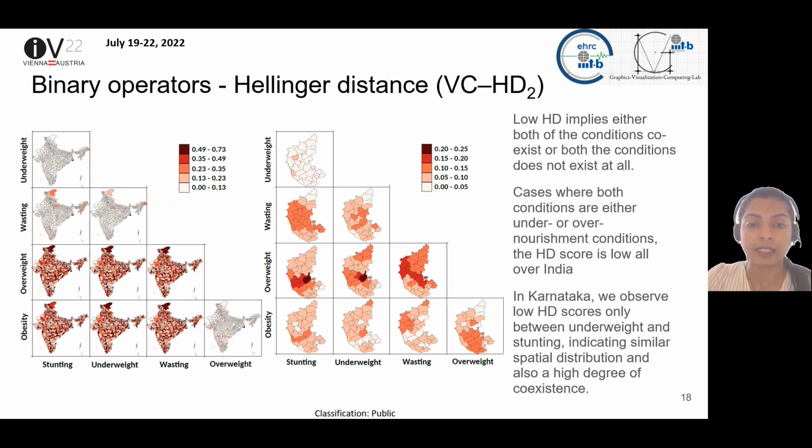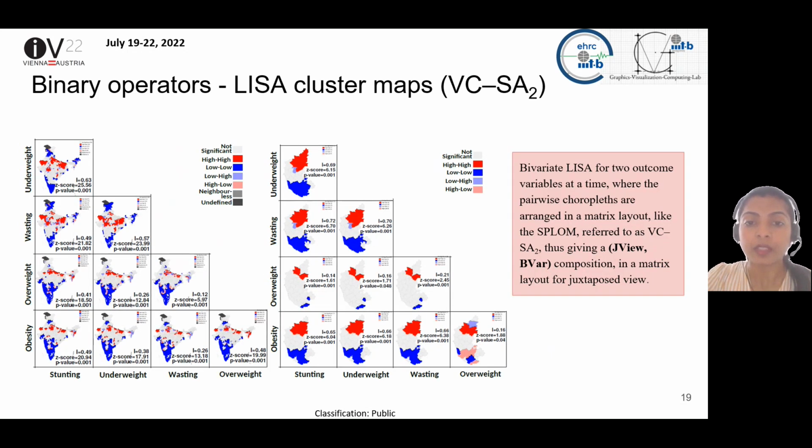The bivariate LISA cluster map gives hotspots that indicate where both conditions are high, thus indicating coexistence. The coexistence of undernourishment conditions, that is stunting and underweight, and wasting and overweight, are significantly higher as indicated by the Moran's I value. All combinations for the 5 malnutrition conditions show hotspots in the central and east regions of India.